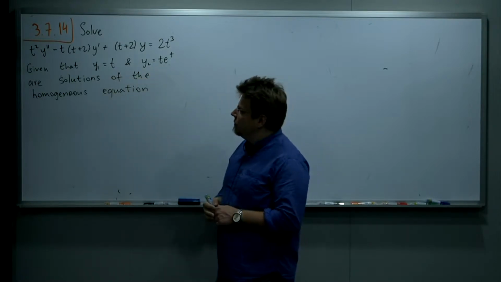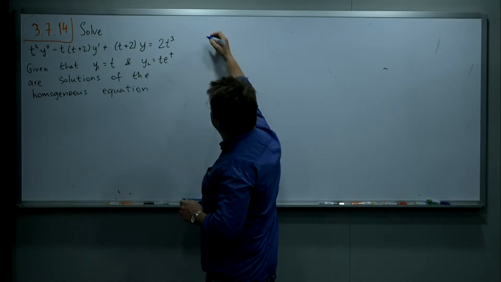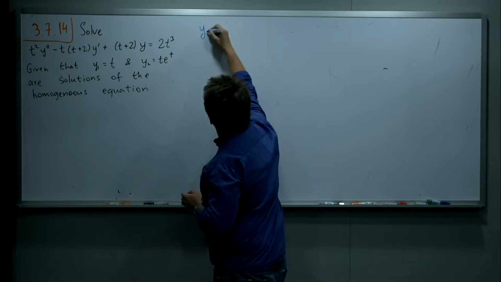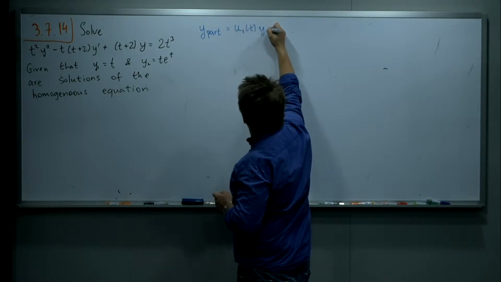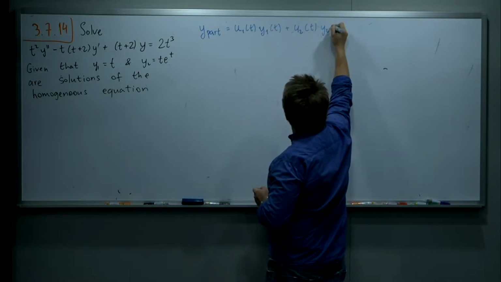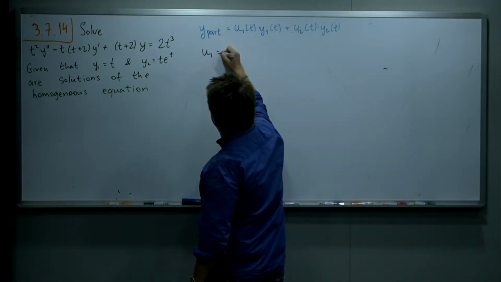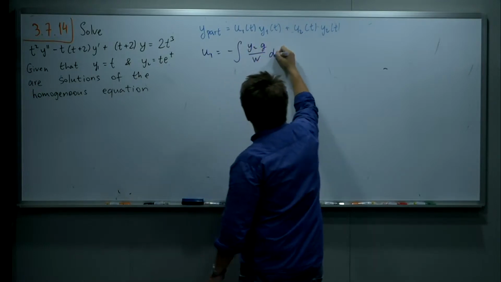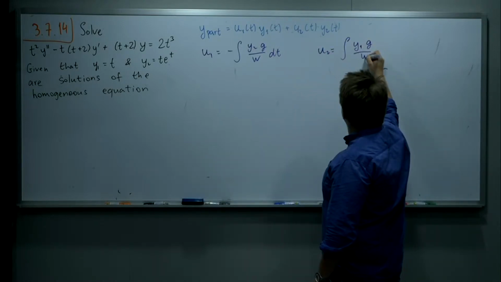Which sort of makes our life easier. So, recall that we're looking for a particular solution in the form y_p equals u1 of t times y1 of t plus u2 of t times y2 of t, where u1 is minus the integral of y2 times g over the Wronskian dt, and u2 is the integral of y1 g over the Wronskian.